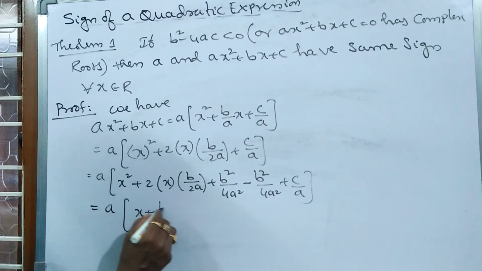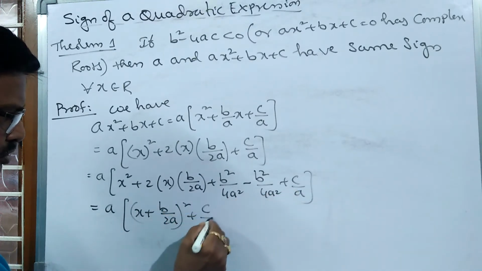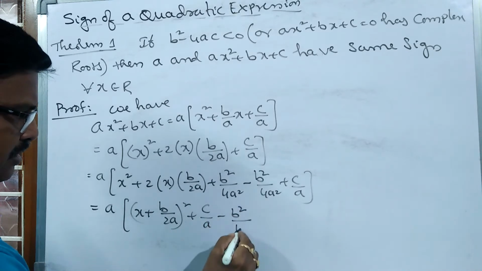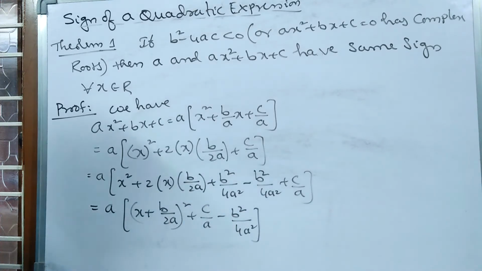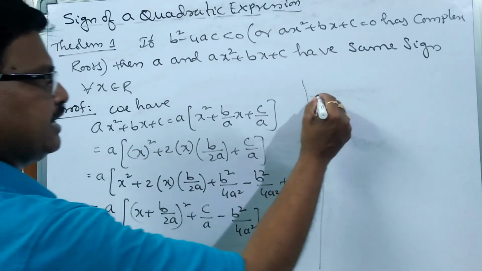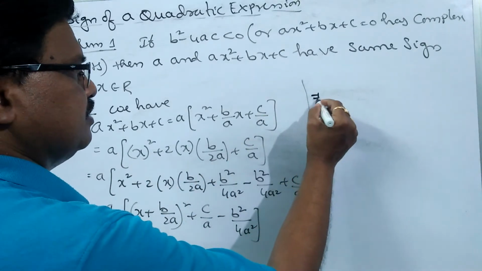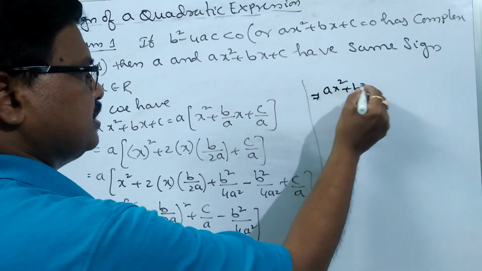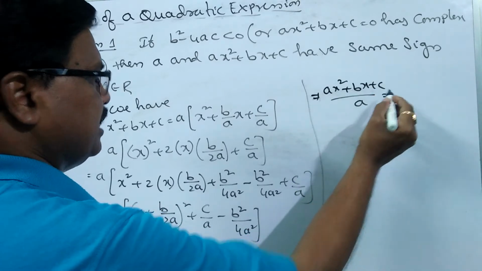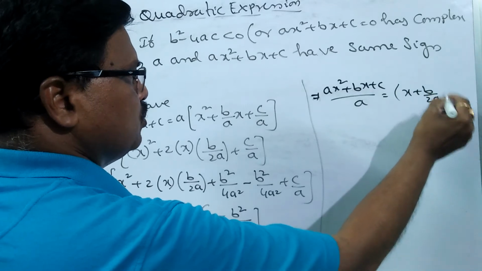That means x plus b by 2a whole square plus this first positive term c by a minus b square by 4a square. Now if you send this a to this side, what you will get here? This value is ax square plus bx plus c. Now I am sending a to that side. Ax square plus bx plus c by a is equal to x plus b by 2a whole square.